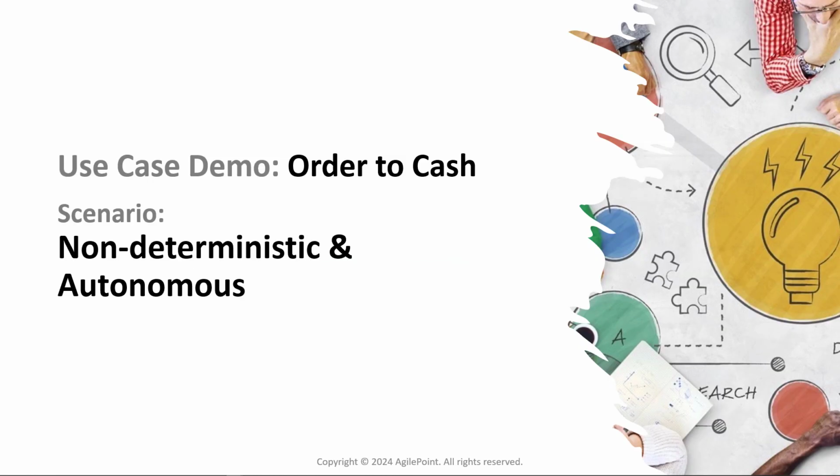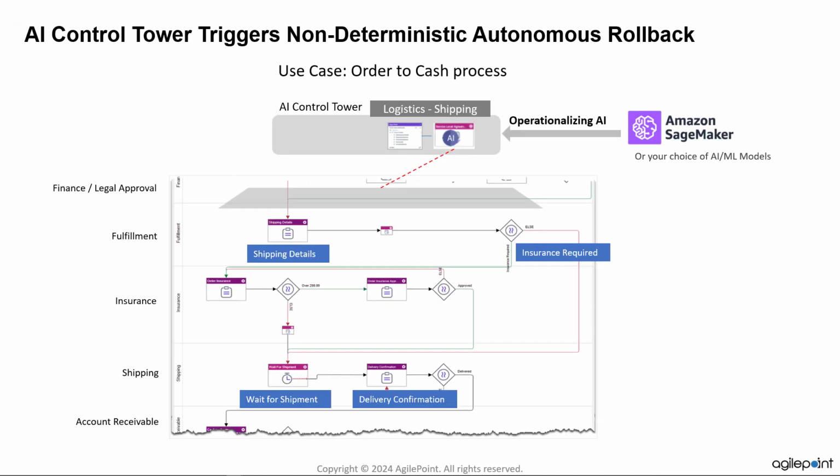Now, as we mentioned, the control tower can work in a number of different ways. While scenario one surfaced an insight to an application owner and offered a suggested adaptation to our process, scenario two is going to take an automated action. So depending on your level of comfort with having AI direct your process, you have options that are in line with those preferences.